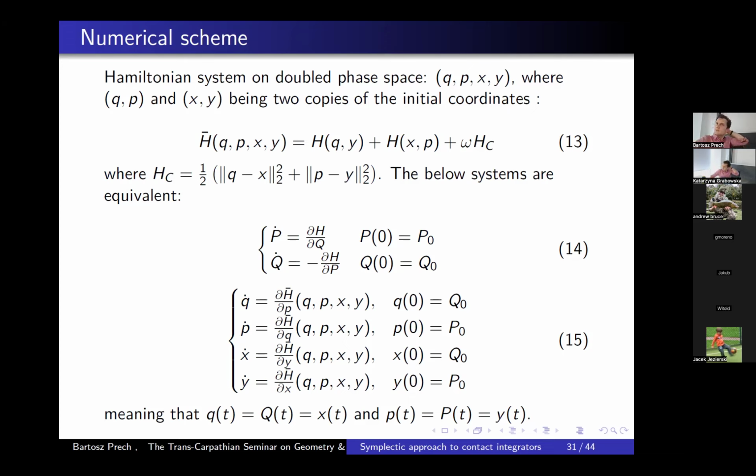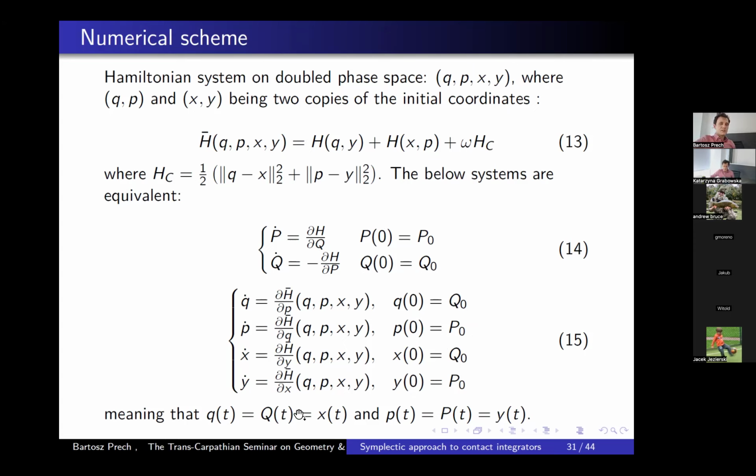So for bigger omega, there should be bigger binding; they should be closer. The idea is that the general Hamiltonian system given by equation 14 is equivalent to considering a Hamiltonian system on this doubled phase space with appropriate initial conditions. So equations 13 and 15 give the same solutions.